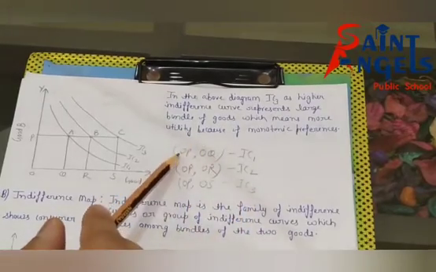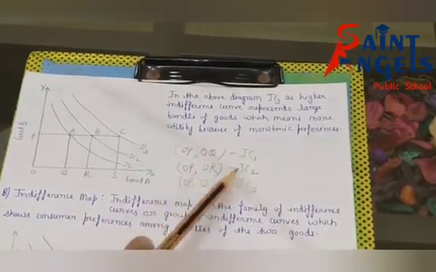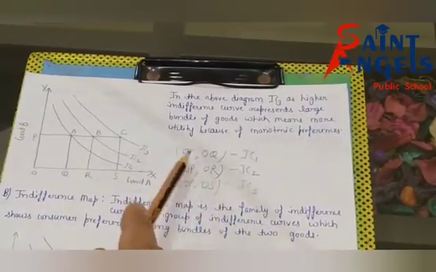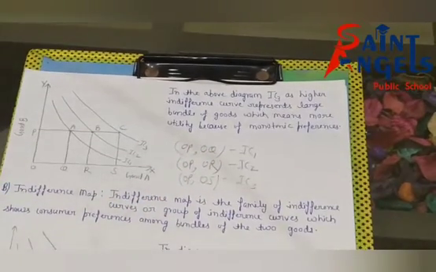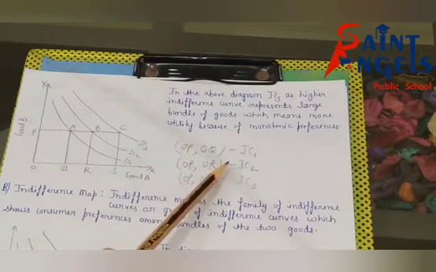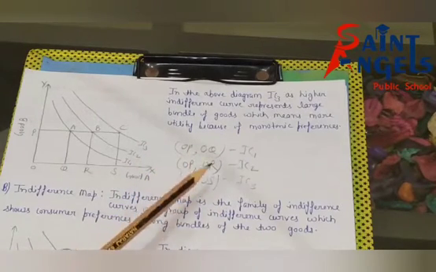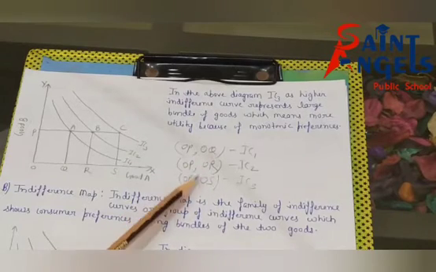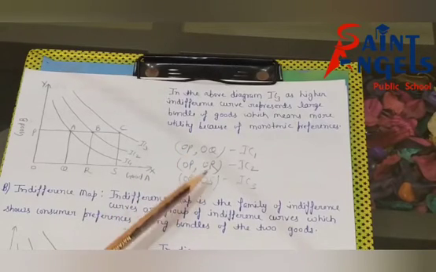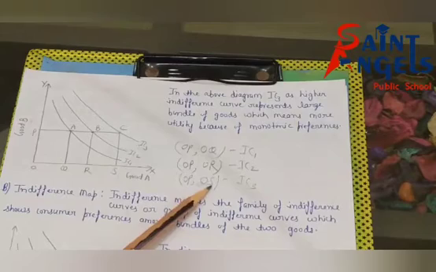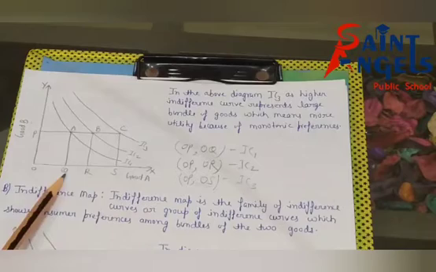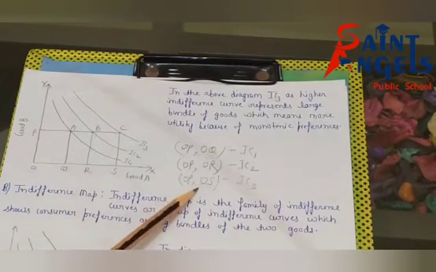So this is the first bundle of IC1, this is the second bundle of IC2, and this is the third bundle of IC3. My dear students, a combination is also known as a bundle. Always remember. Consumer will prefer this bundle because this bundle consists more units of good A. See here, OS units are greater than OQ units and OR units. I hope all of you have understood.